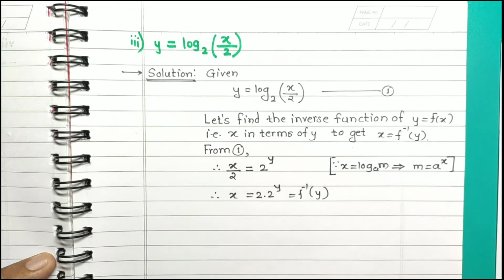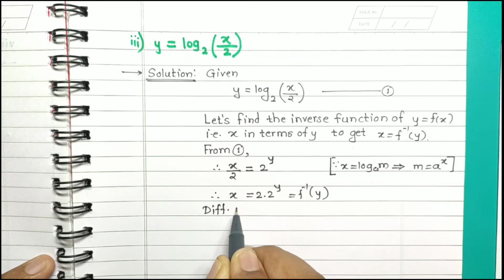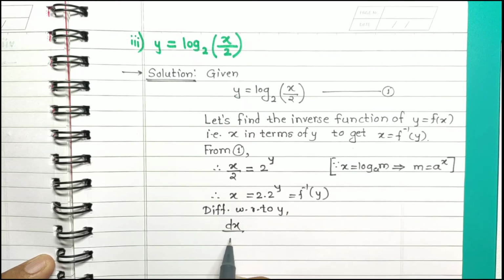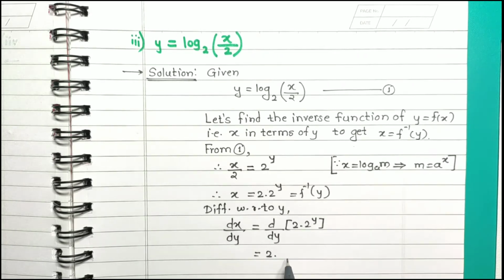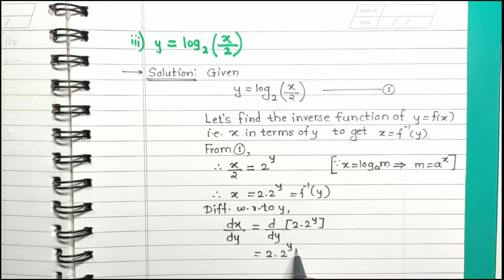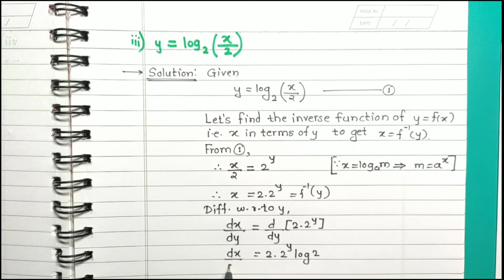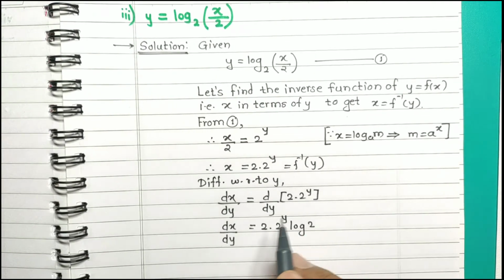Now differentiating with respect to y, we get dx by dy is equal to d by dy of 2 into 2 raised to y. This 2 is constant and the derivative of 2 raised to y is 2 raised to y into log 2. This is nothing but dx by dy. Now let's write this dx by dy in terms of x.